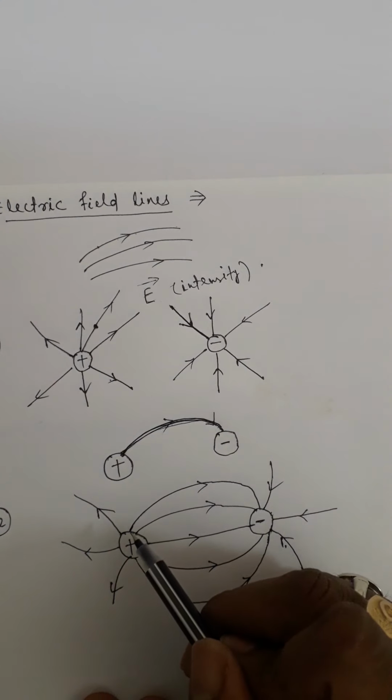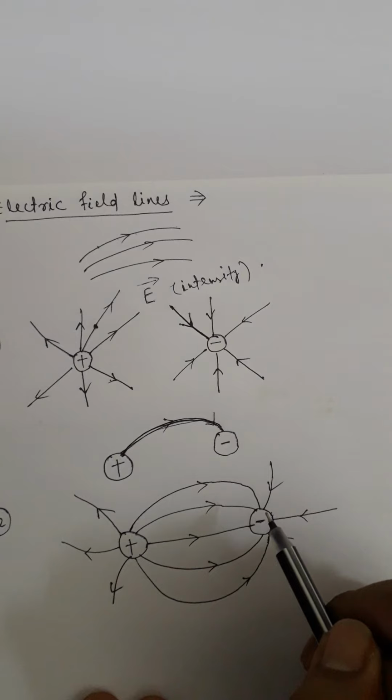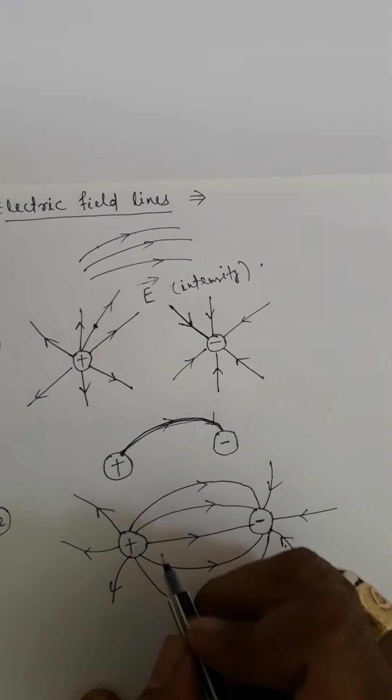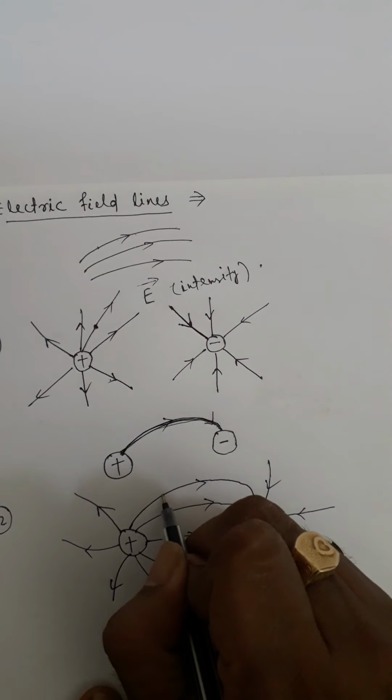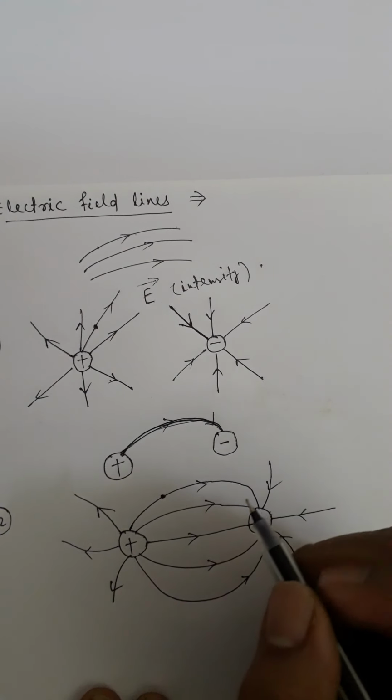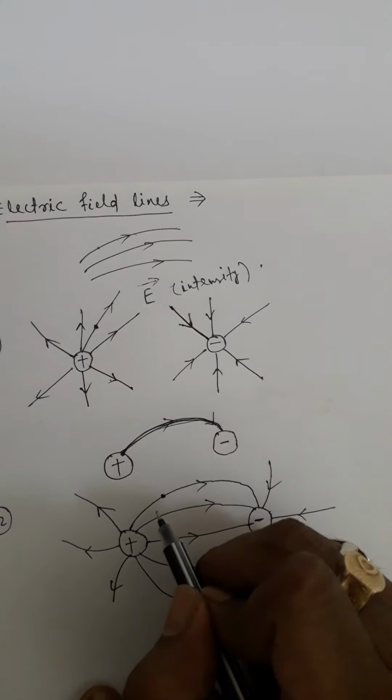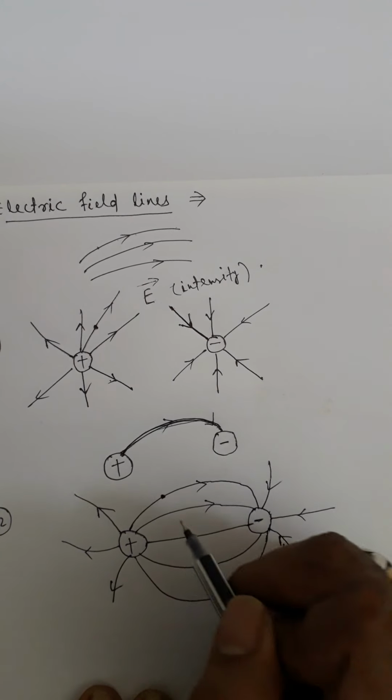So now how to check the direction of electric field with the help of electric field lines? Here, the electric field lines start from positive charge and terminate or end at negative charge. Suppose we take a positive test charge here and we want to know the direction of electric field at this point.